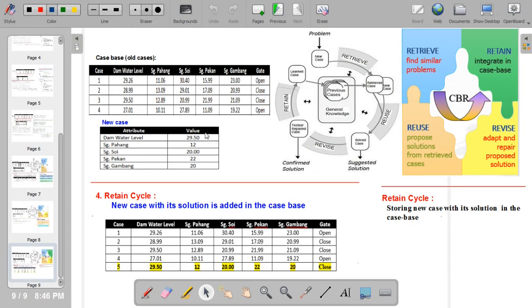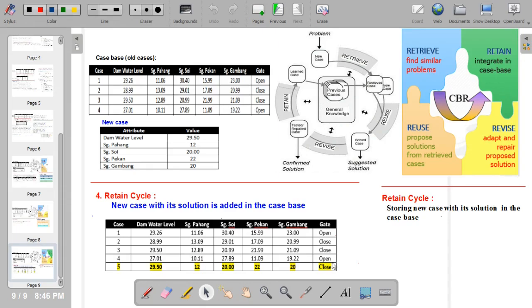So I am going to add the specification set, which is the set of attributes, as it is: 2 for Bahang, 20 for Soy, Bikan 22, Gambang 20, and the confirmed solution, which is closed, that we get, right? This is how we store the new case in the case base.